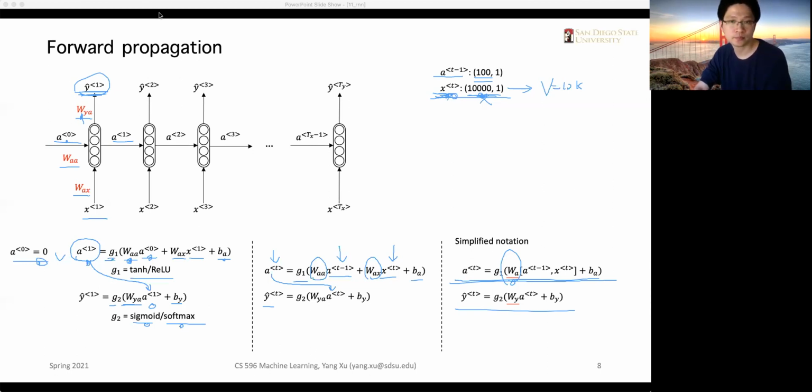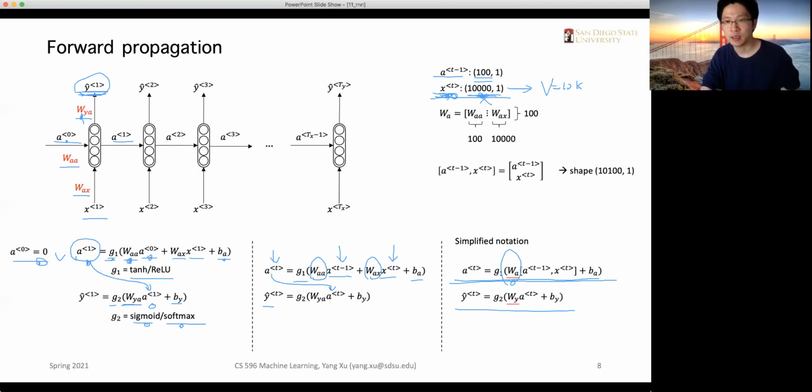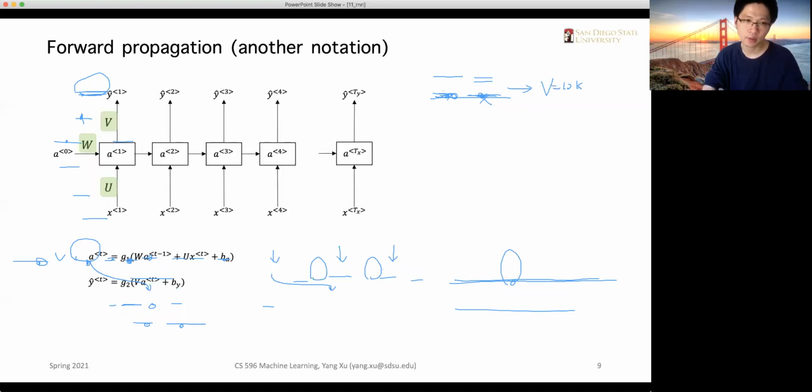In this particular example, X is 10,000 elements and A is 100 elements, so altogether our WA, the combination of these two parameters, has a dimension of 10,100 by 1.